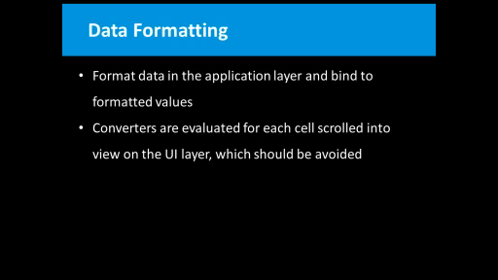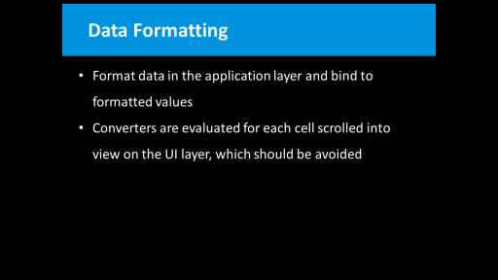I also mentioned the unbound columns case, where ideally you shouldn't have unbound columns. If you have performance issues, move the computation of those unbound columns to the view model and bind to that computed column in your view model just as if it's one of the regular columns.